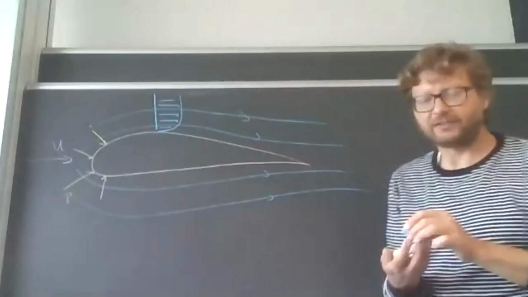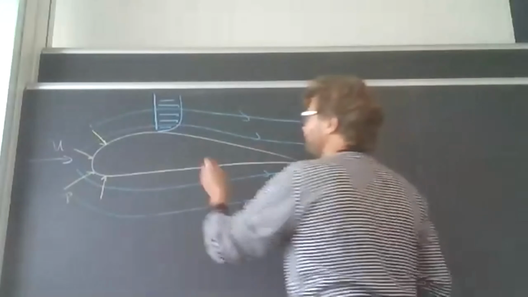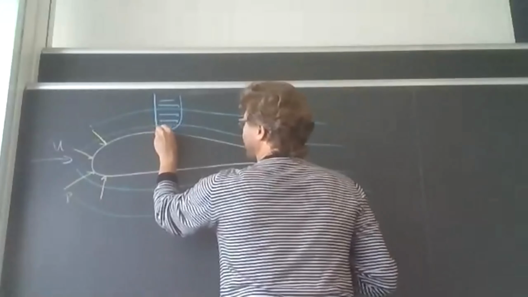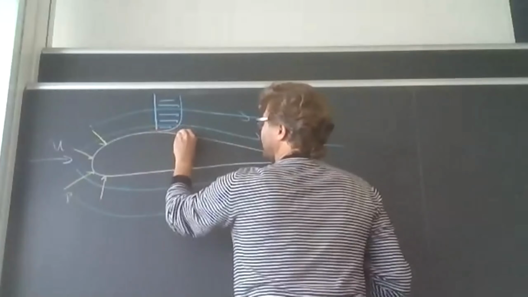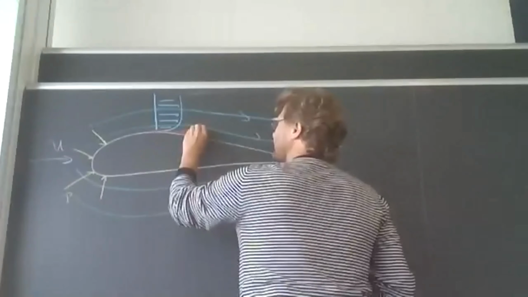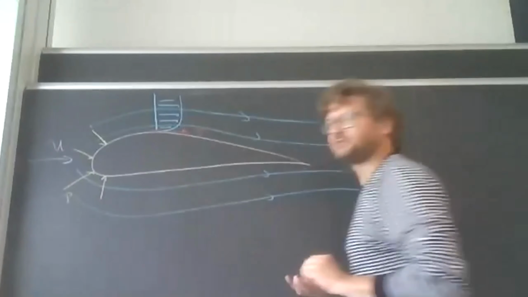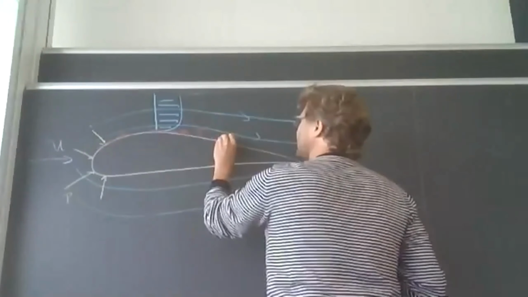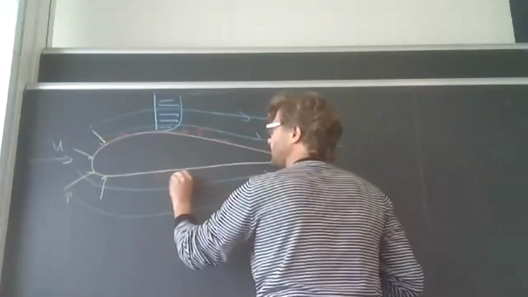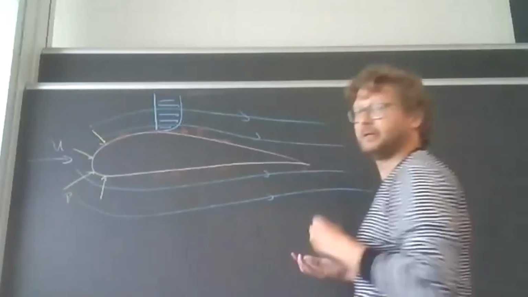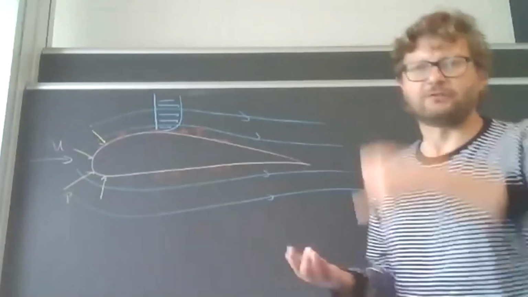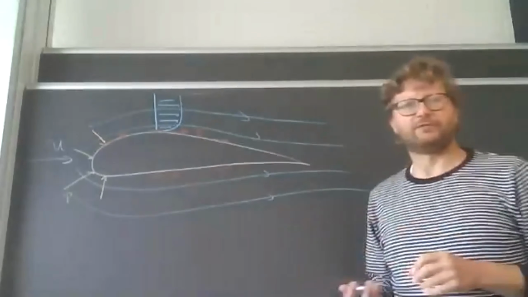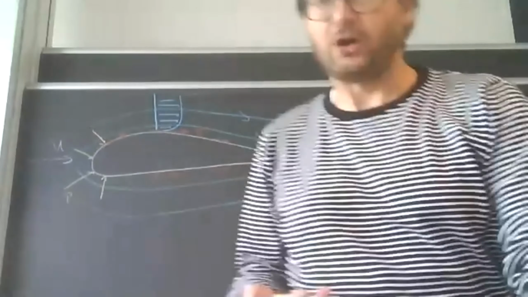And due to the velocity gradient, we get a tangential shear stress. And these shear stresses, they may be higher or may be lower. They will be on the bottom and everywhere.